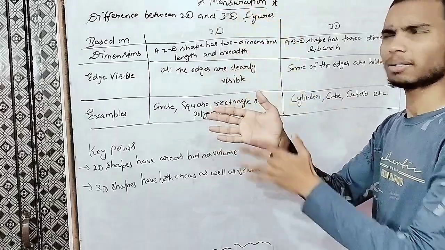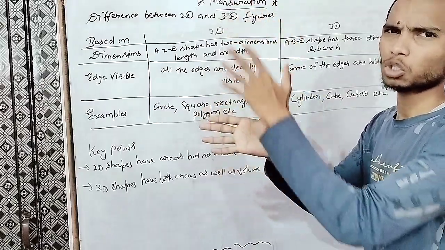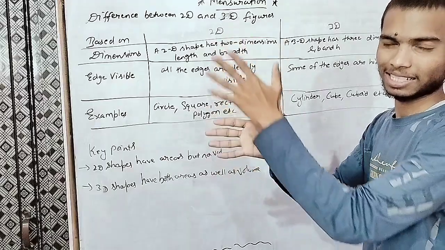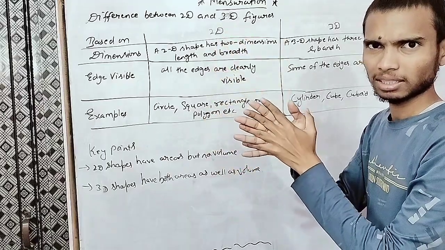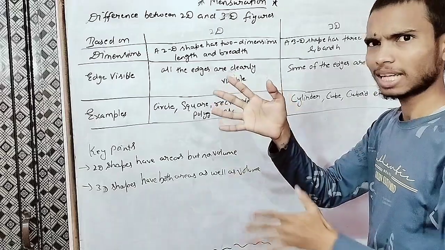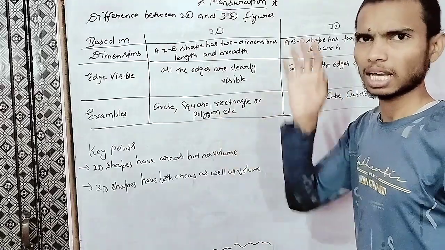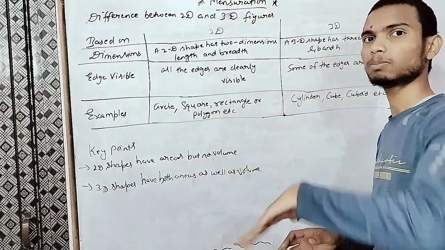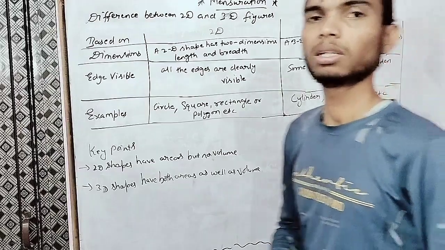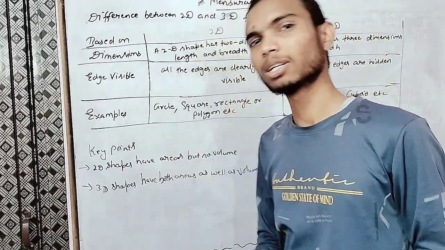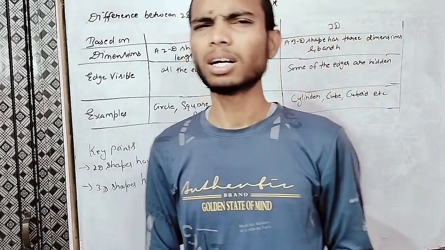Here you can see, where is a space to put anything? Is there a space to put anything? No. Only an object can move like that and like that, but an object can't be put in a 2D shape because a 2D shape doesn't have a space.